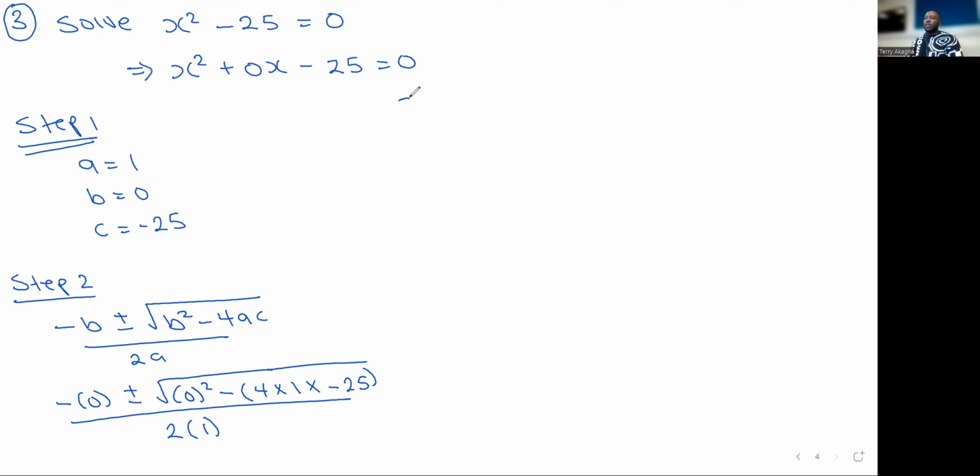Then step 3, remember I told you, after you've done with this, you have to separate the plus and the minus.